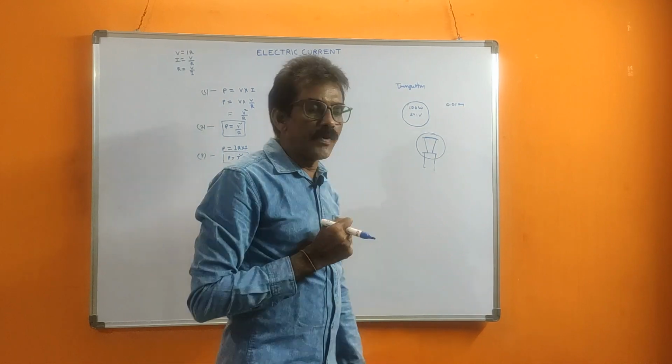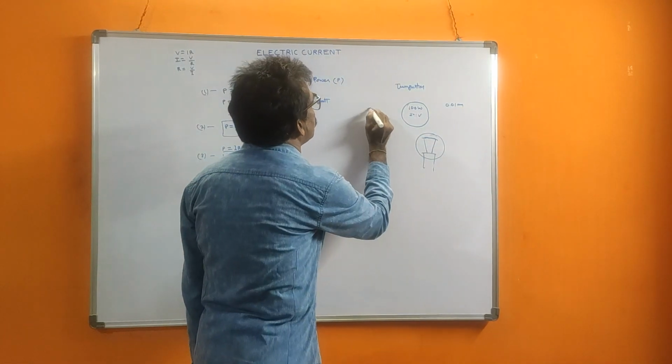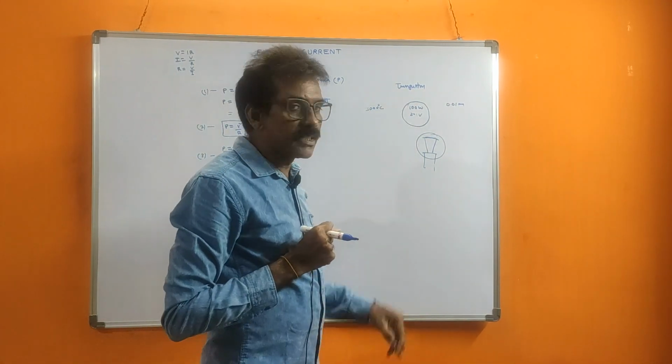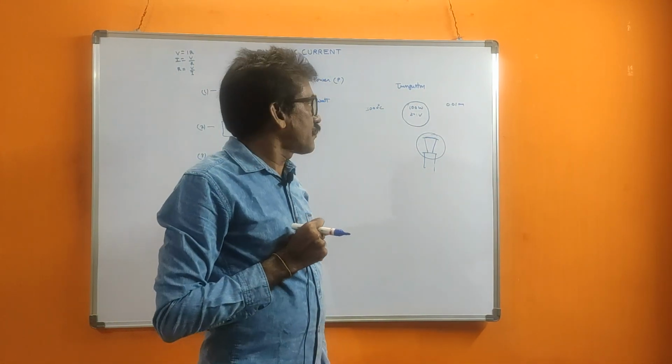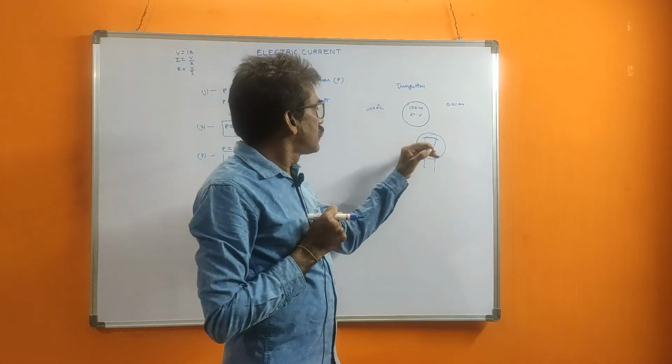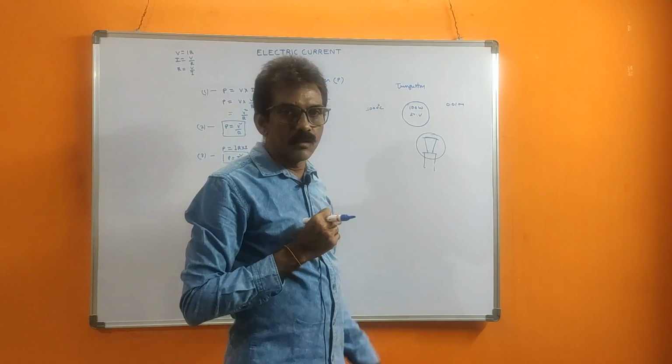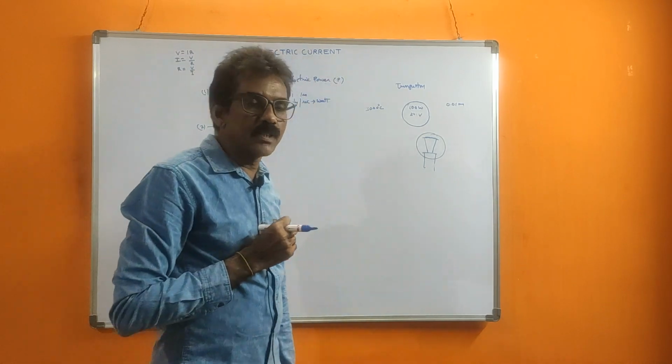Tungsten has a very high melting point, nearly 3000 degrees centigrade is needed to melt it, so it can withstand that heating.